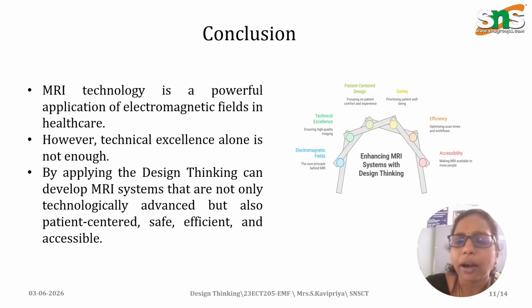MRI is a powerful medical imaging technology through which we can discover the actual disease, and treatment can be provided. But technical excellence alone is not sufficient. By applying design thinking, more patient-centered, safe, efficient and accessible systems can be designed based on the application of design thinking to MRI.